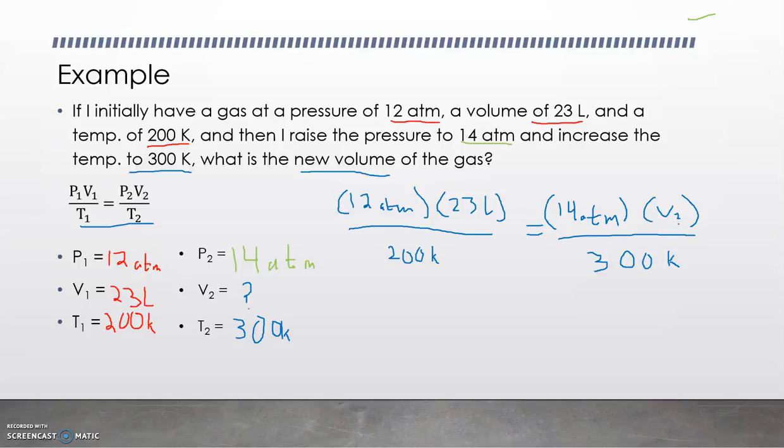So now we need to isolate our variable. I want to get V2 by itself. So I'll multiply both sides by 300 Kelvin.